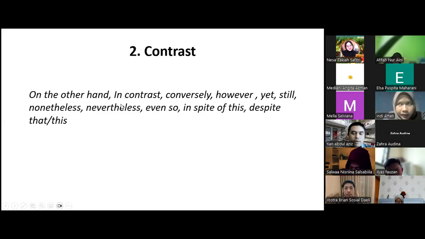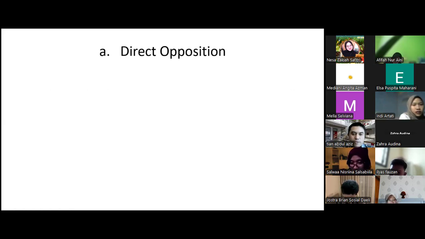You can use on the other hand, in contrast, conversely, however, yet, still, nonetheless, nevertheless, even so, in spite of this, despite that, or despite this. We're going to look at examples of connectors contrasting two sentences. There are several sub topics in contrast. The first one is direct opposition.